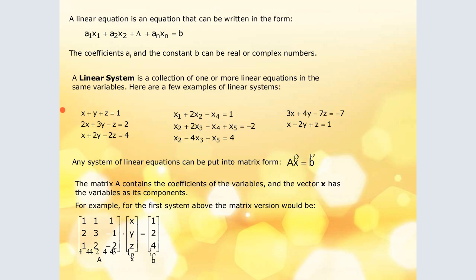Okay, so we have this first case. We have x + y + z = 1, 2x + 3y - z = 2. Then we have this last case. I want to focus entirely on this first case. These are other simultaneous equations, but I want to focus entirely on this one. So expect to be given such simultaneous equations, the type we have here.